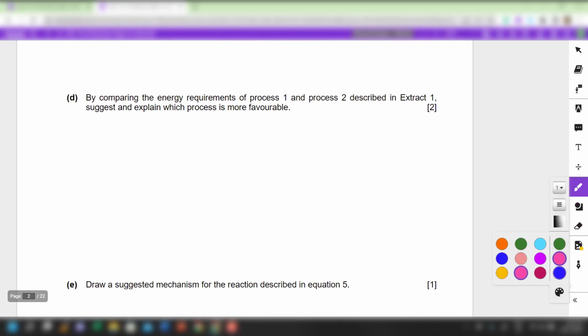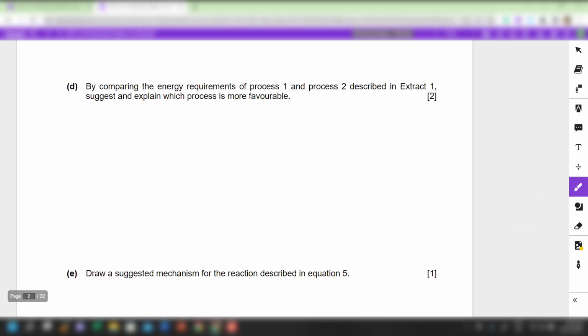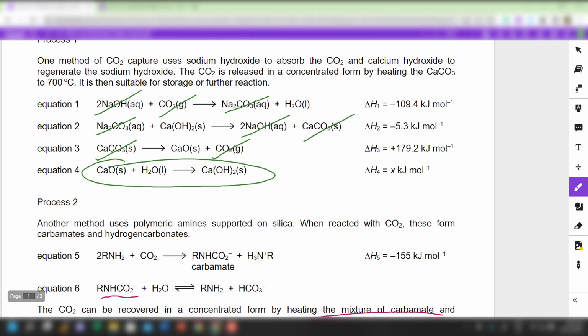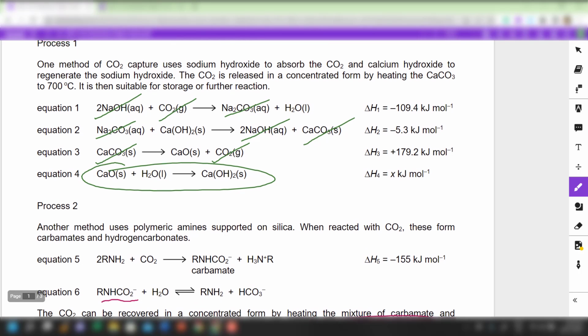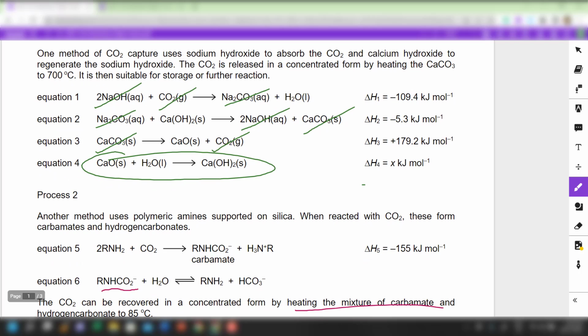Okay, and then moving on to part D. By comparing the energy requirements of process 1 and 2 described in abstract 1, suggest and explain which process is more favorable. So for process 1, we are looking at negative 64.5 kilojoules per mole.